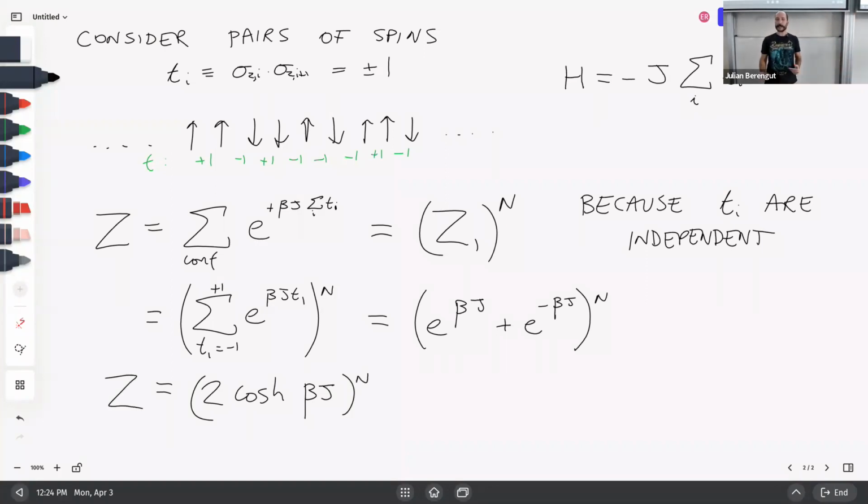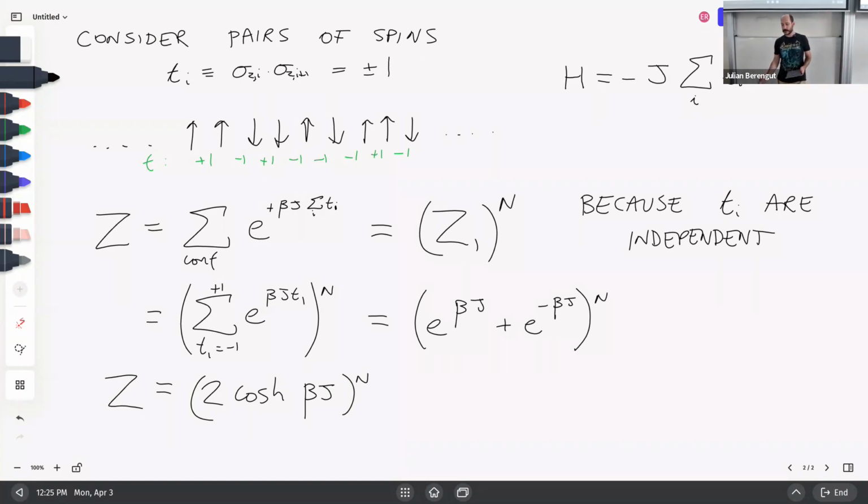So by mapping from the spins to the pairs of spins, I get an easy way of getting the partition function. Once I've got the partition function, I have everything I need, right? So in other words, there's a duality.